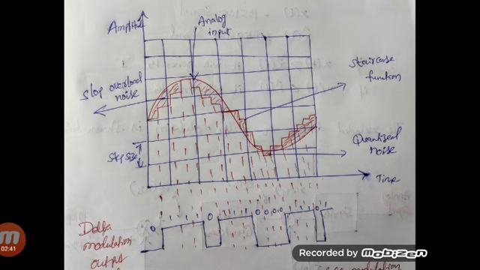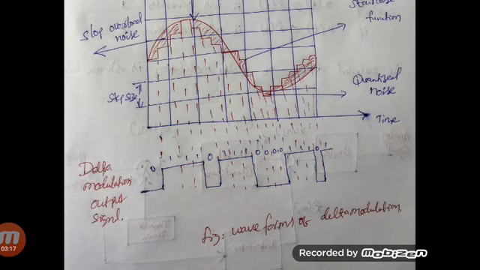Here in this diagram we are also seeing the slope overload noise from the left side and quantized noise from the right side. Both are extra noise, and by using delta modulation it will be converted or eliminated. So the clear pure digital signal will propagate through the output side. This is the digital information.